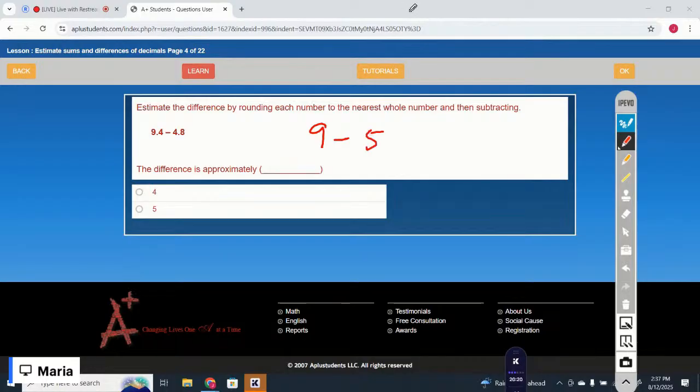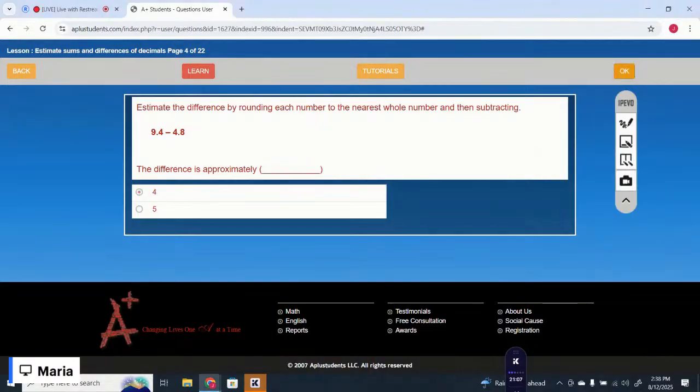So we have 9 minus 5. 9 minus 5 is 4. That is 4. Option number 1 is the correct option.